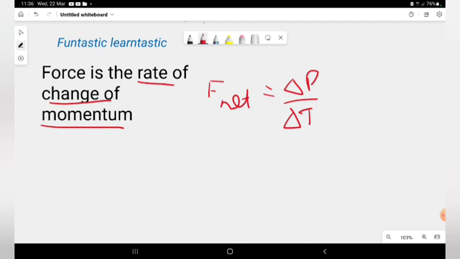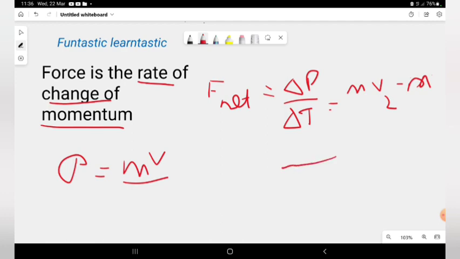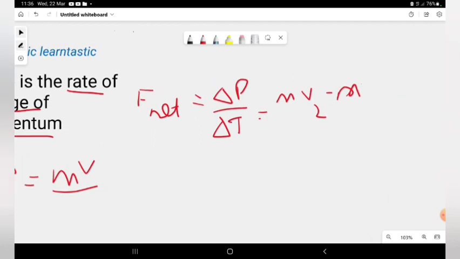So delta P, P is nothing but momentum. So P is equal to mass into velocity. So we can write this as mv2 minus mv1 by t, correct.